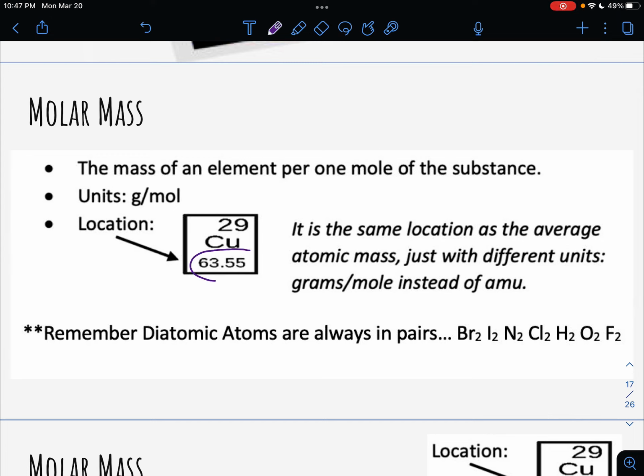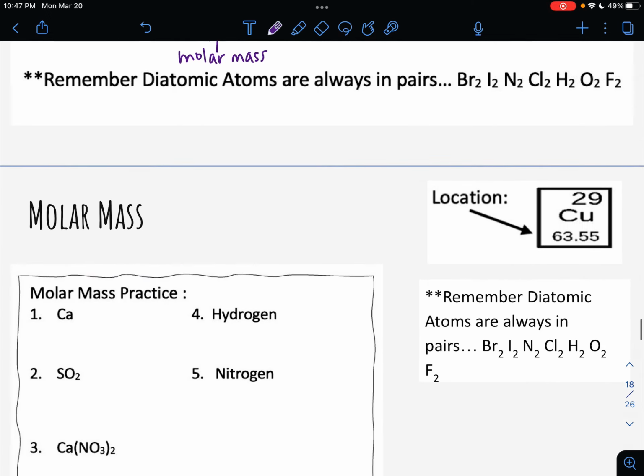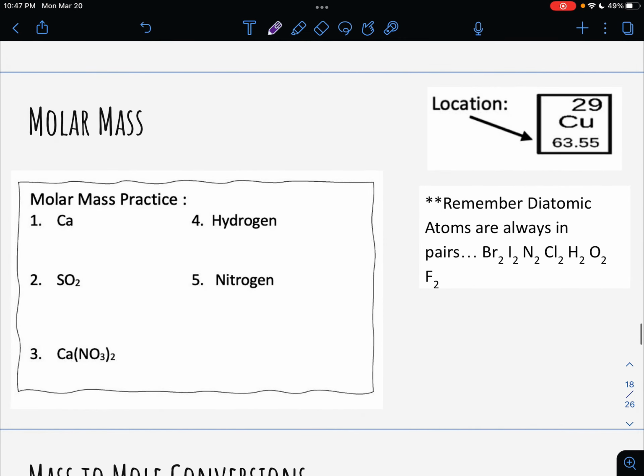That's the same way that it works for our compounds and our elements. This number here, this average mass that we've already talked about before, is how much 1 mole of our sample is going to weigh, okay? So this number is our molar mass, all right? Let's look at some of these practice problems as we talk about it.